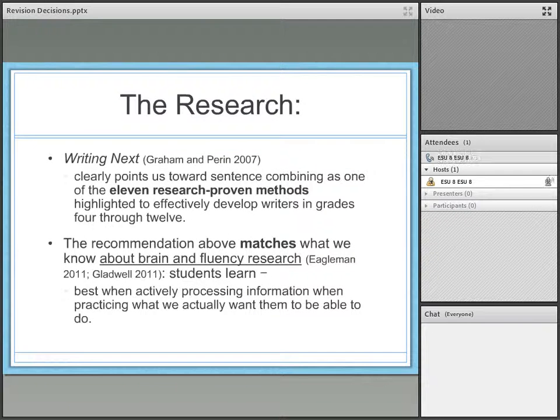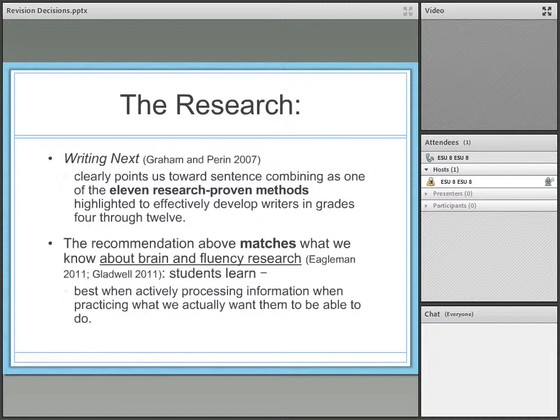Now, this is the current research on writing. And as you notice, Graham and Perrin wrote Writing Next. The purpose of that was to talk about what works best in writing. And if you'll notice here, they point us towards sentence combining. They say that there are 11 research proven methods to effectively develop writers in grades 4 through 12.